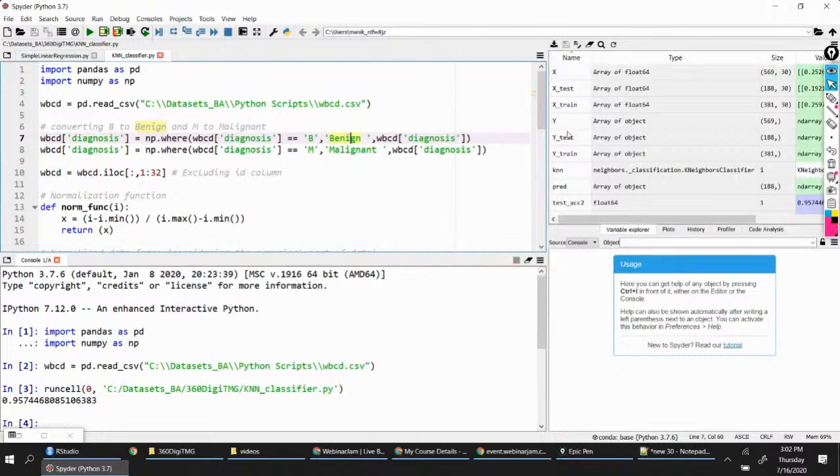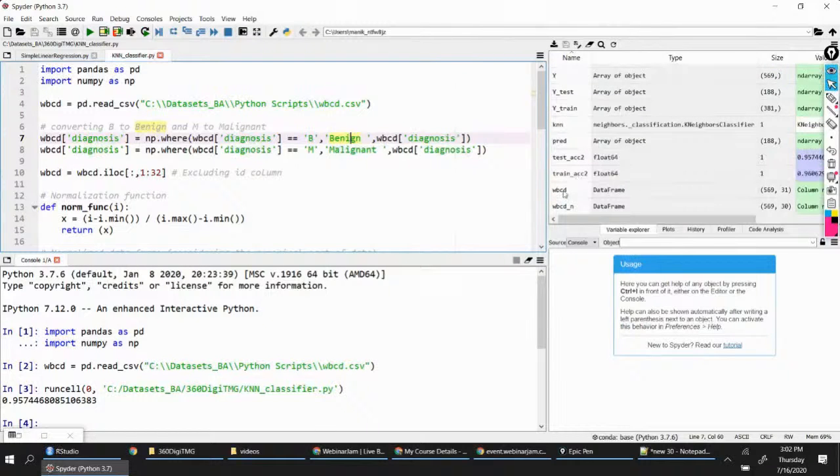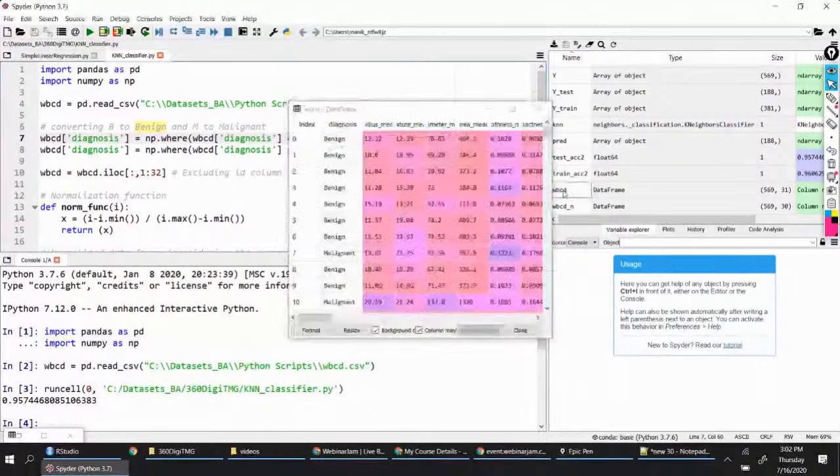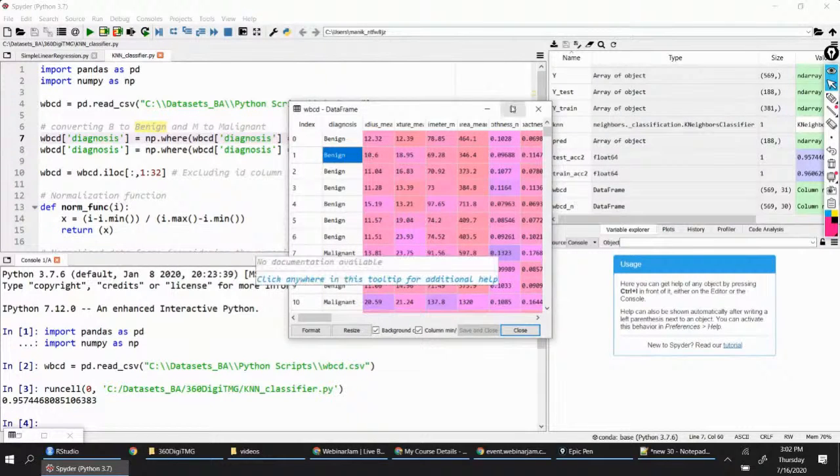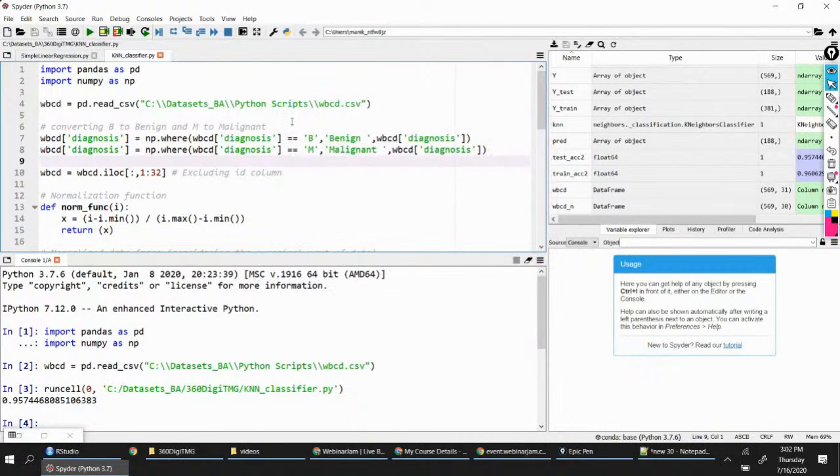So you can check now WBCD. If you see here, we executed and we got the full names. We have executed these 2 lines to get full names assigned. Short forms are not used basically.